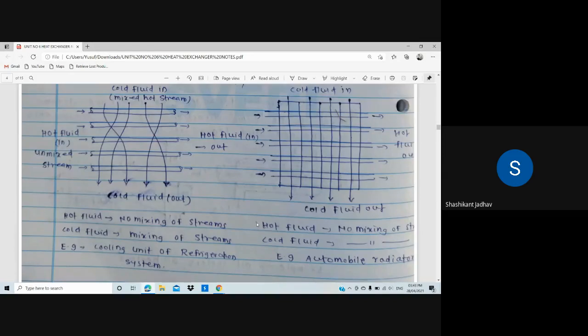Okay, if you have written, then put a message in the chat box so that I will proceed. All of you complete both the diagrams and whatever information is written below the diagram. After completion of the diagram, all of you put a message in the chat box so that I will proceed to the next classification of the heat exchanger.